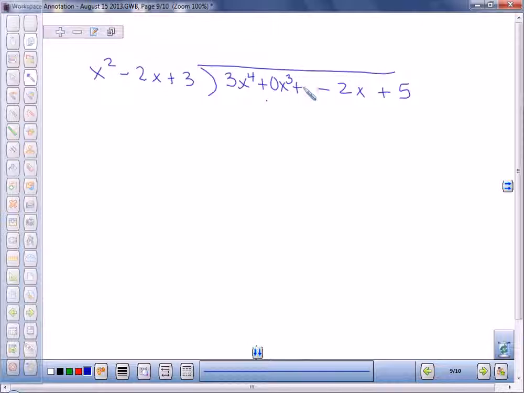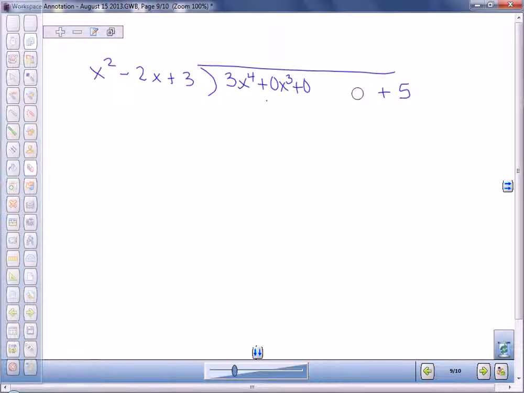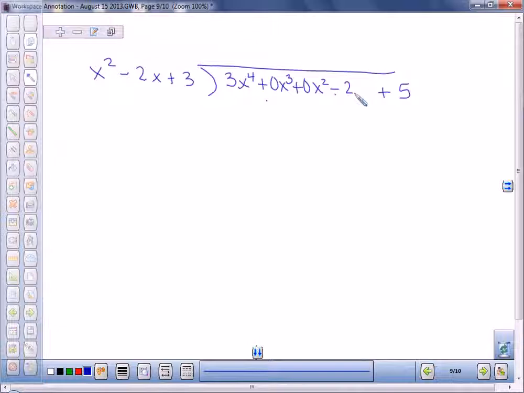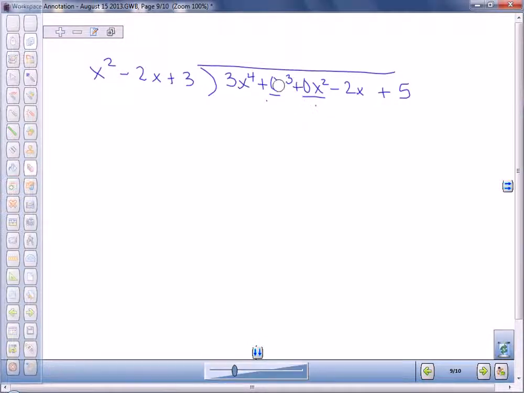Put the 0x cubed and the 0x squared. Now you do not have to. If you pay really good attention to detail and you're not going to combine terms that are not alike, you don't need to put it in there. When I work the problems, I don't usually write the 0x cubed and the 0x squared in there. I would just leave a big space. But you may want it.